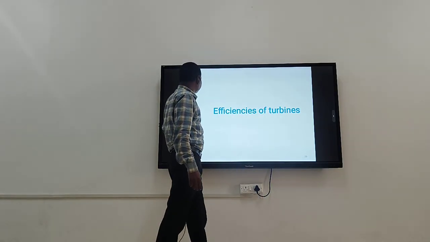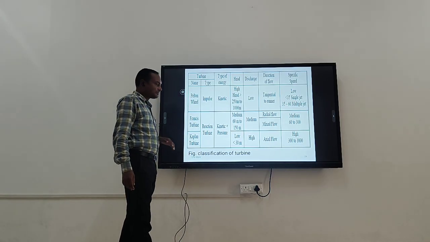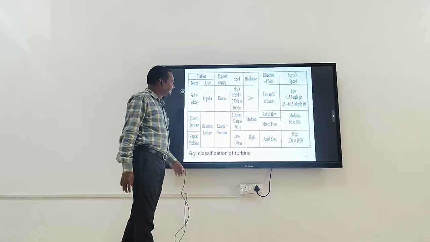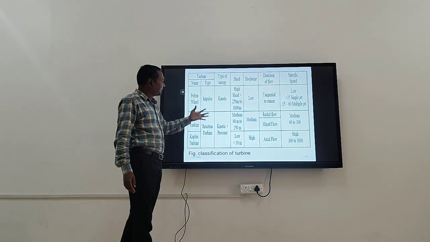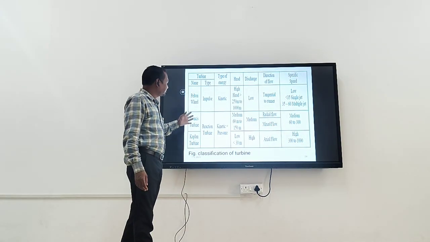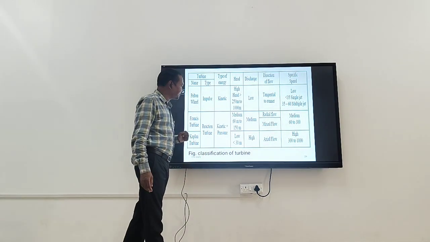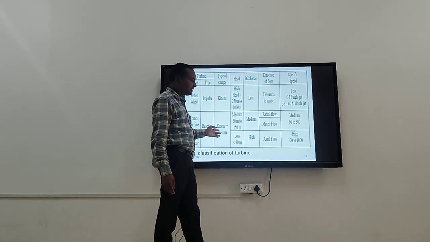Next one is the Francis turbine and Kaplan turbine. Both are reaction turbines. I have told you already in the starting that turbines can be classified as impulse turbine or reaction turbine. So the Francis turbine is the next turbine, and it is a reaction turbine. What is the energy available for the Francis turbine?